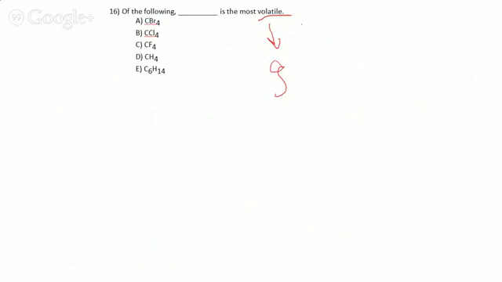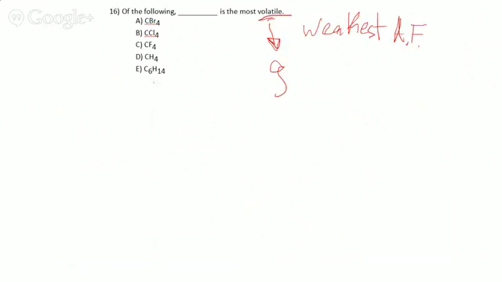So most volatile, well, why does gasoline go into the gas phase the most easily? Well, we want the weakest attractive forces, because the stronger the attractive force is, the harder it is to get it to become a gas. So the weaker it is, the easier it is to become a gas, the more volatile it is.